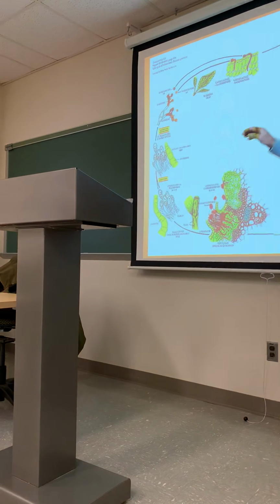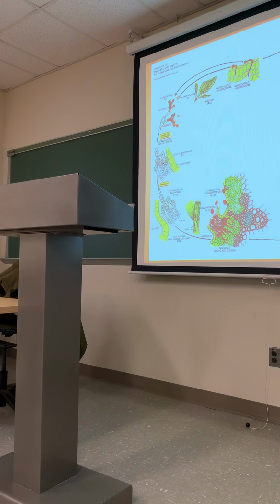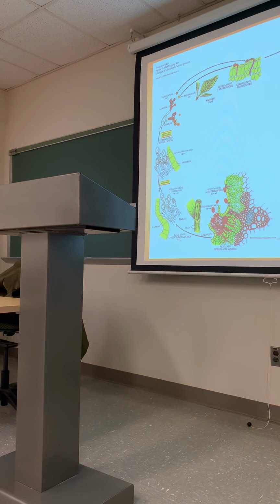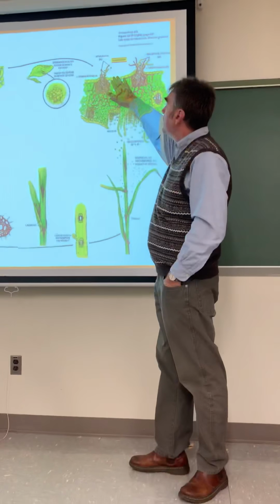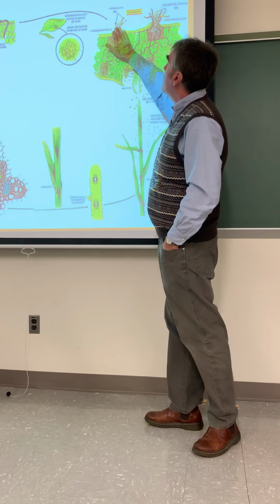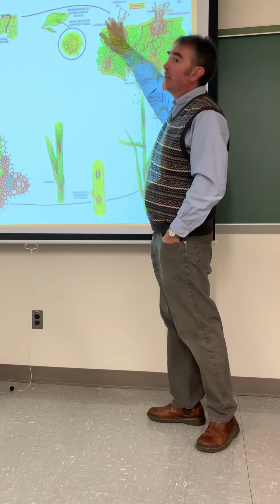The haustoria will penetrate into the upper surface, and then you'll have these mating spermagonia, right? So they have the potential to be a plus or minus mating strain, and they will produce here the receptive hyphae as well as the spermatia, right? So they have receptive hyphae and spermatia.